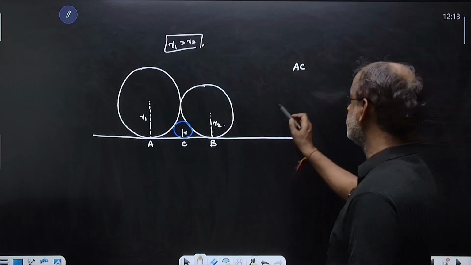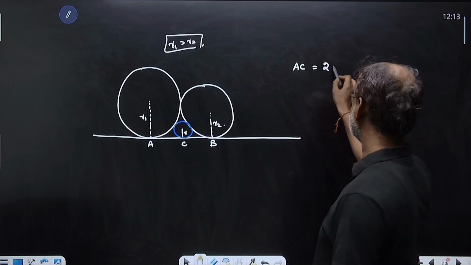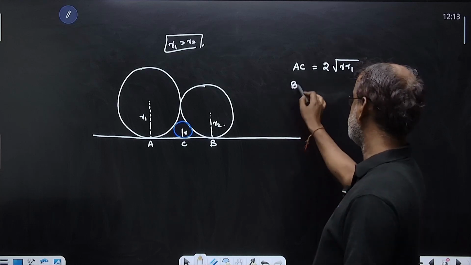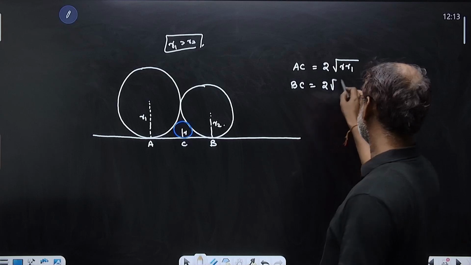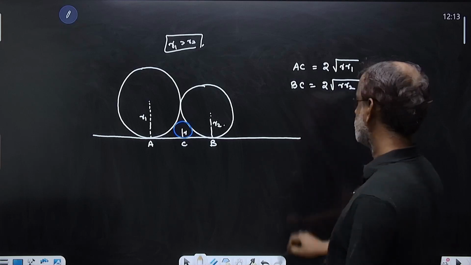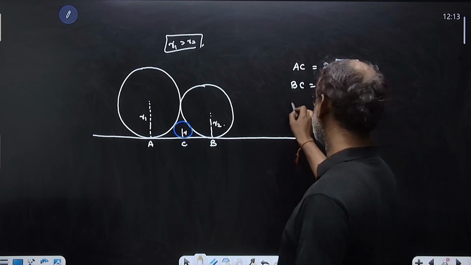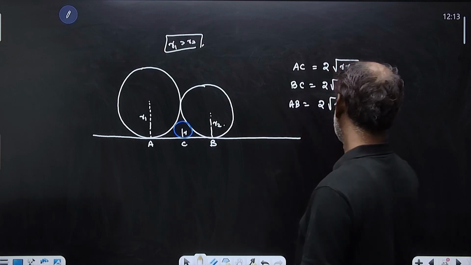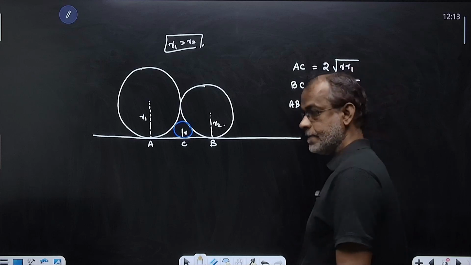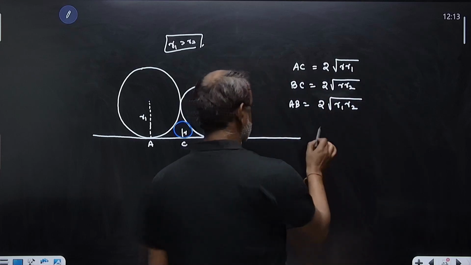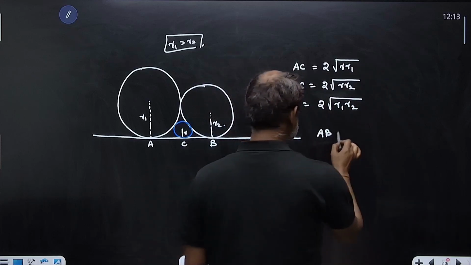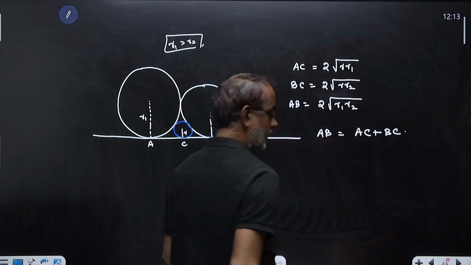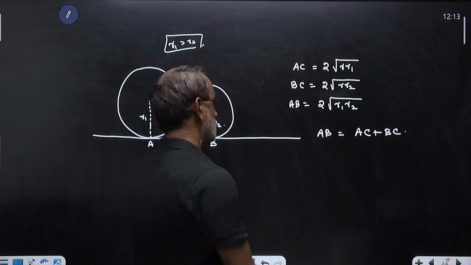So, what is AC? What is BC? And what is AB? So, AB is AC plus BC.